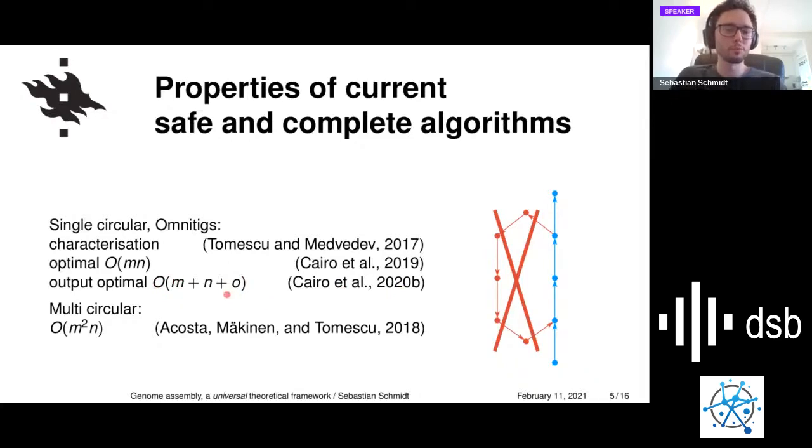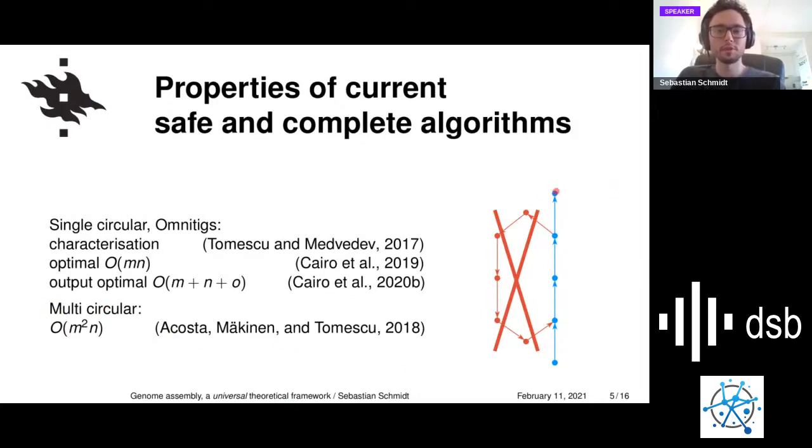And this is actually useful in practice because while in the worst case, the total length of all the omnitigs is order of MN, in practice it is usually much lower. And there's also an algorithm for the multi-circular model that runs in order of M squared N. And these algorithms are all based on the theory of forbidden paths. What's a forbidden path?